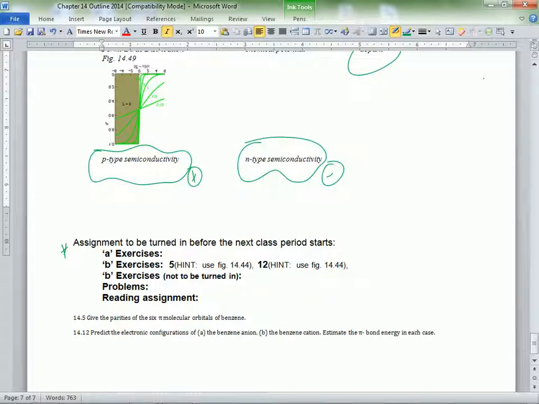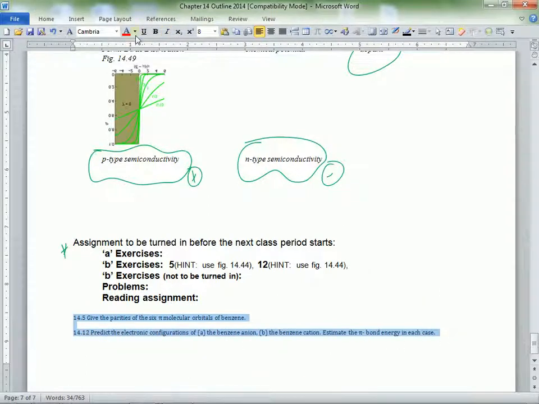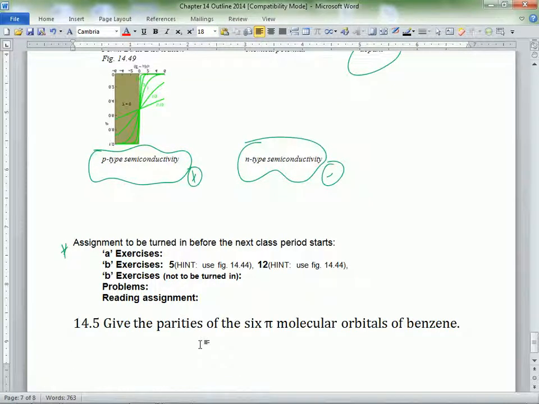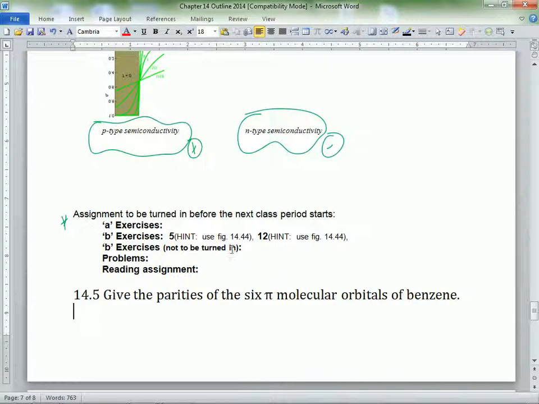Exercise 5. Let's take a look at these, and then we can take a look at the homework that was assigned for today. Give the parities of the 6 pi molecular orbitals of benzene, and we're supposed to use figure 14.44 as a hint.